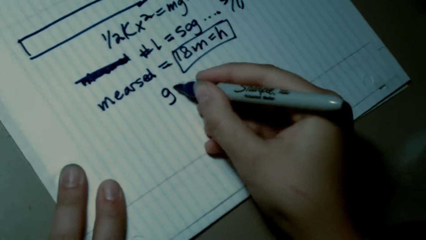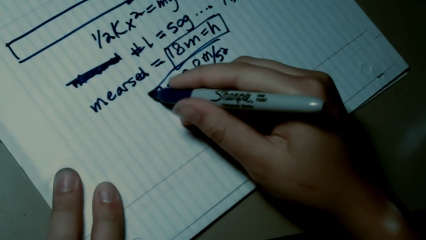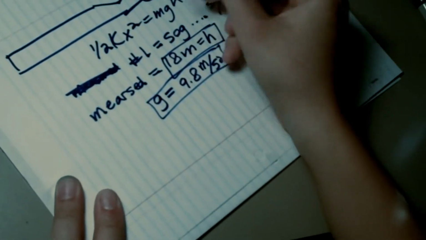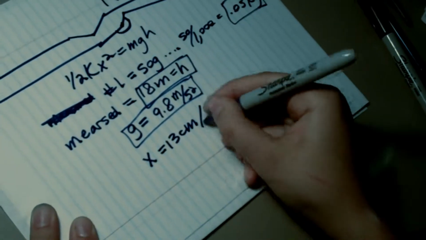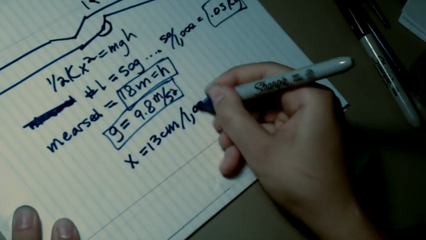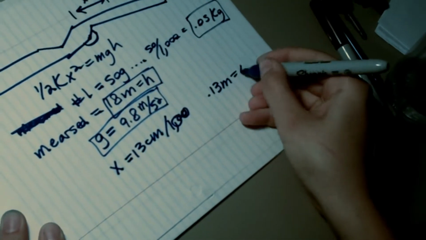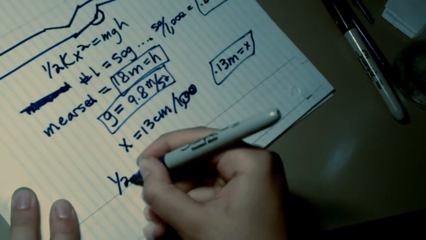Gravity, in this case, is always 9.8 meters per second squared. We also measured this X value, which is a spring constant, and that is 13 centimeters, or converted into meters is 0.13 meters. Now we can simply plug it into the equation.